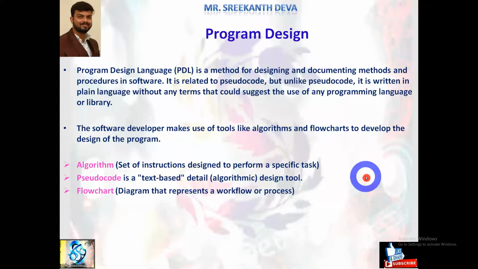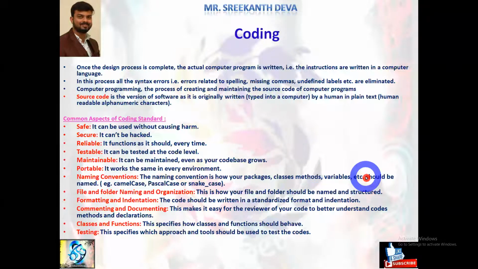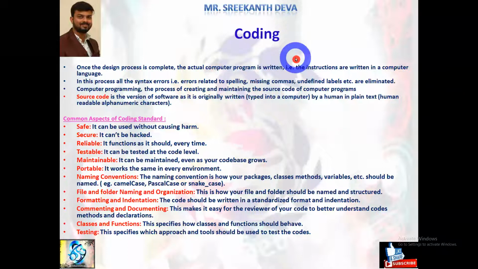Next, coding. Once the design is completed based on the particular problem, we start implementing it, which is called coding or implementing. Once the design process is complete, the actual computer program is written. The instructions are written in a computer language.